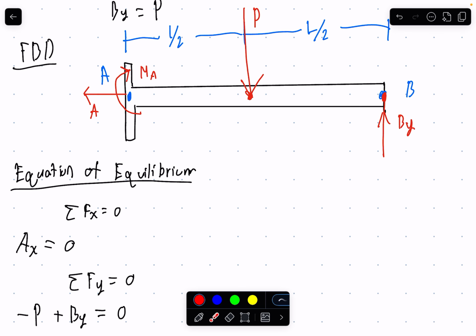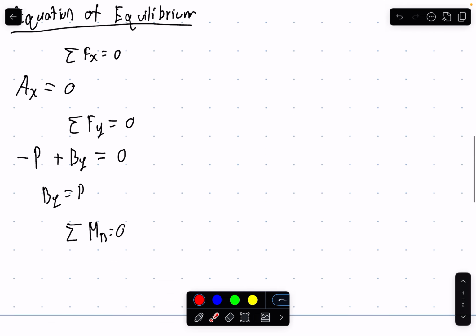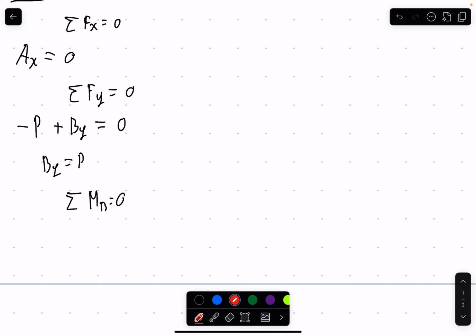If we sum the moments here, this By is going to create no moment, and it'll only be P creating a moment about here. But if we sum the moments about A, we're going to have By and P creating a moment. So this will be a little easier for us.